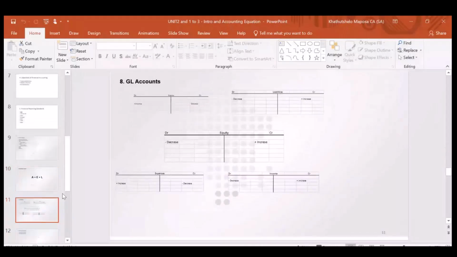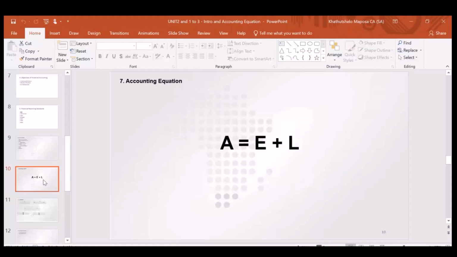The aspect to understand there is the accounting equation itself: assets equals equity plus liabilities.